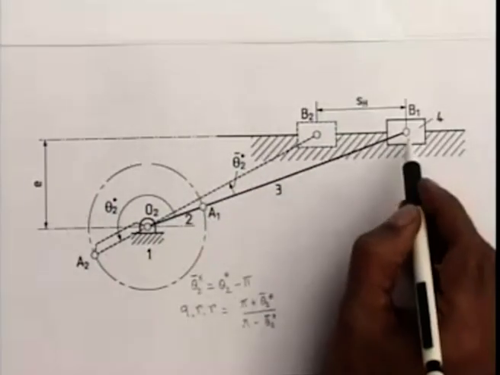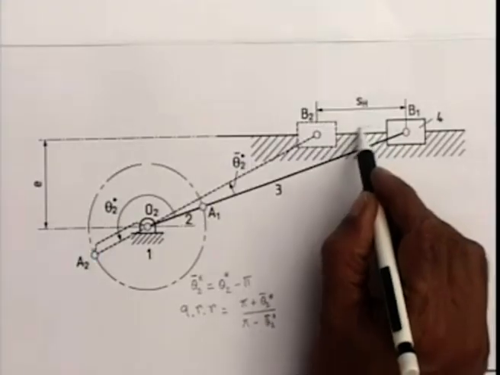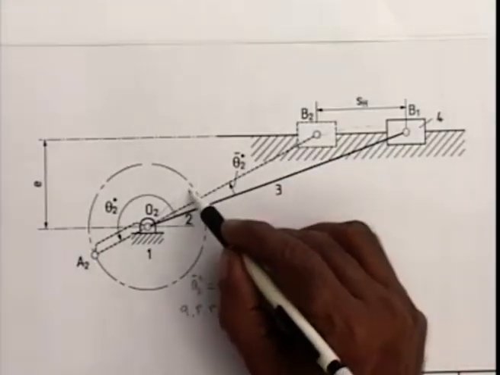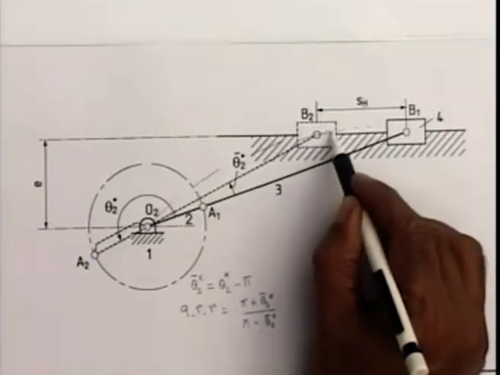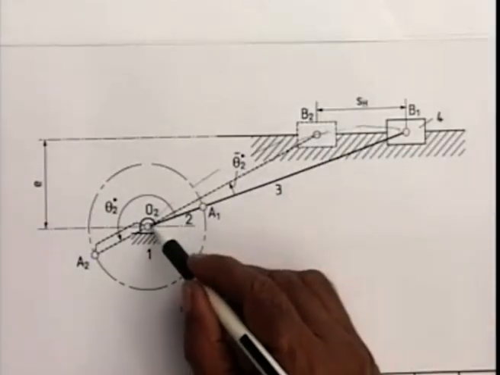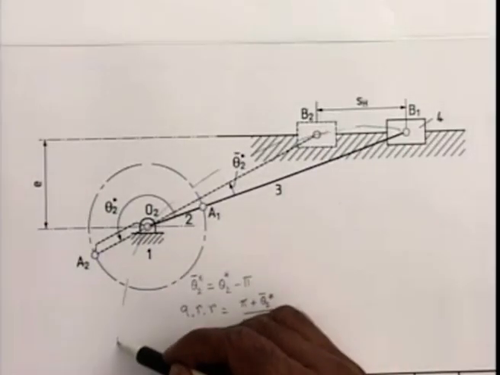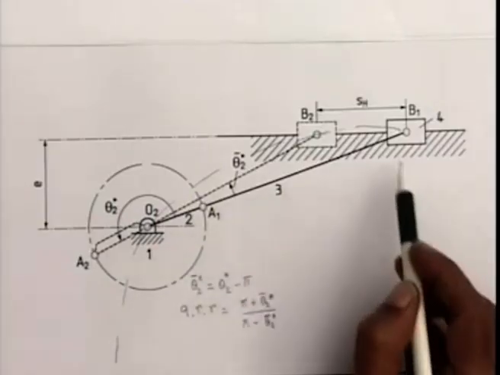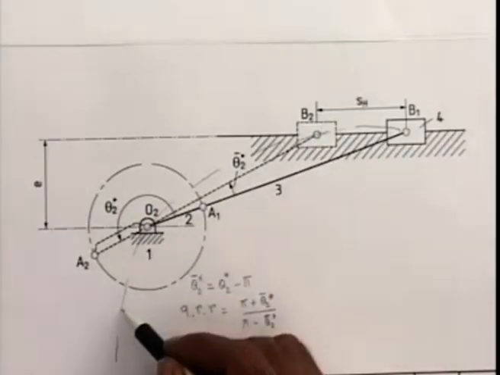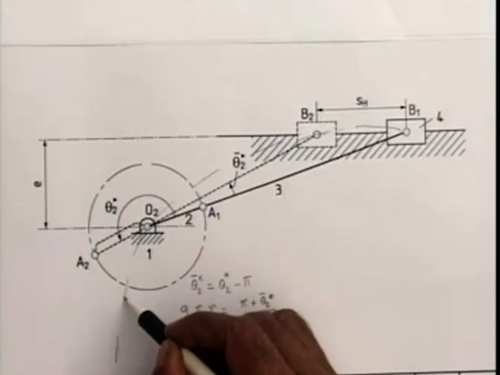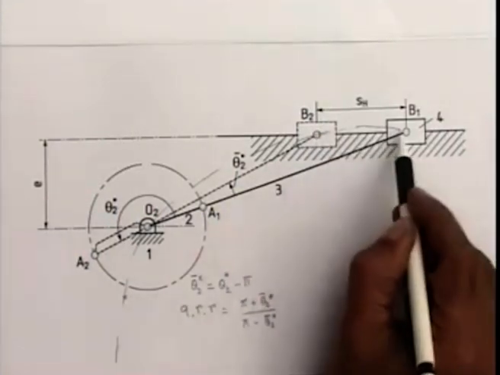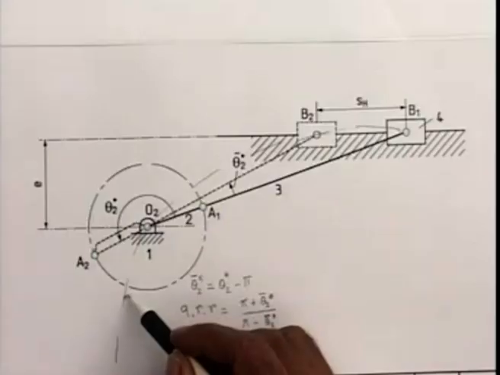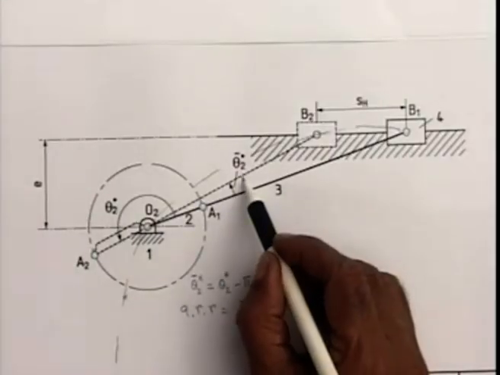O2 can be anywhere on this circle. Because it is the same chord length B1, B2, the circumferential angle at O2 will remain the same.